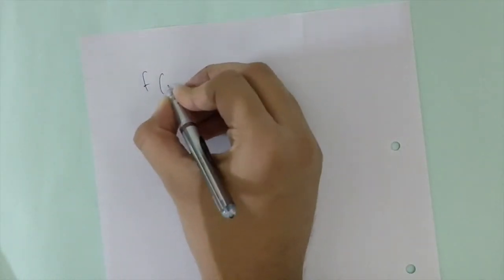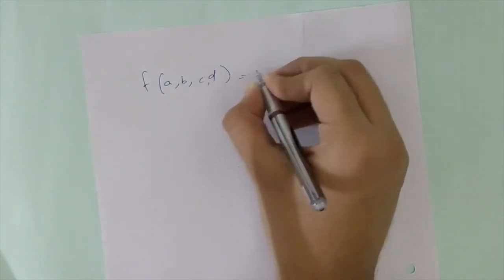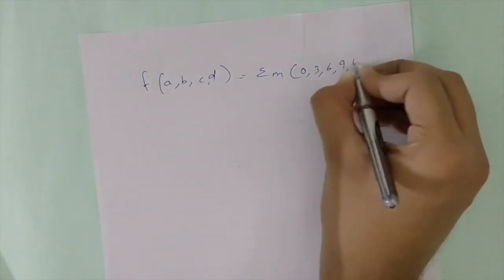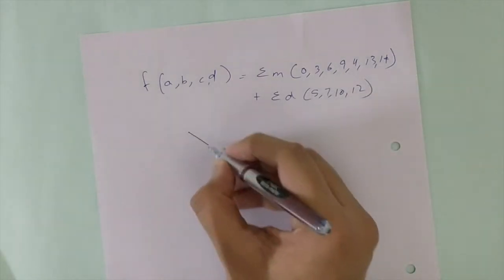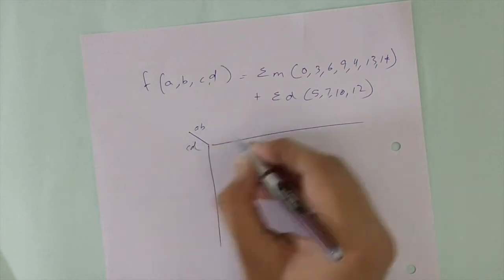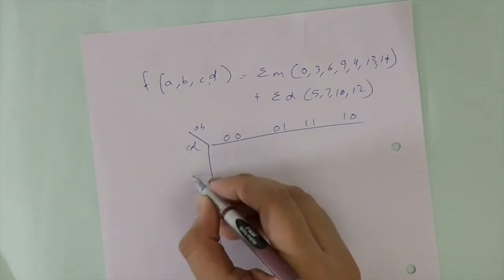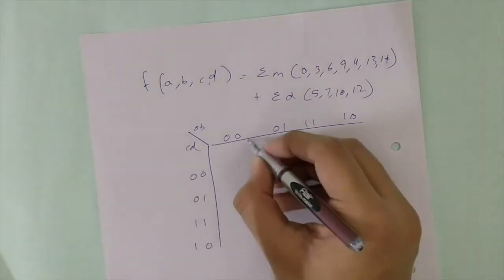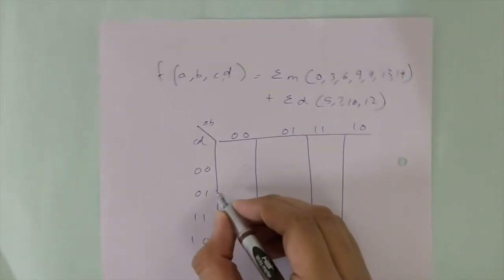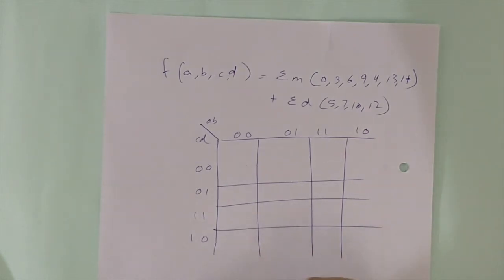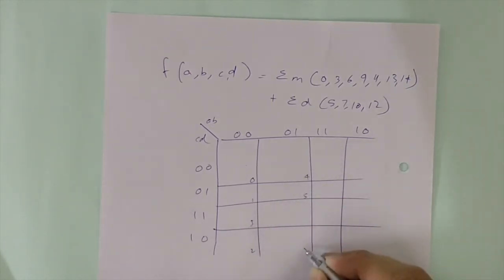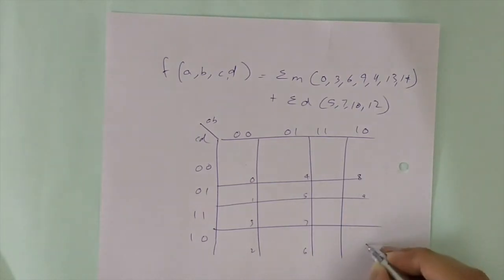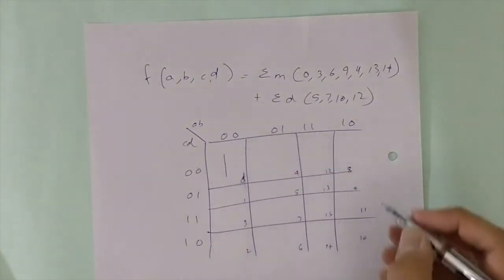So the don't care conditions. Just put the values in the table.